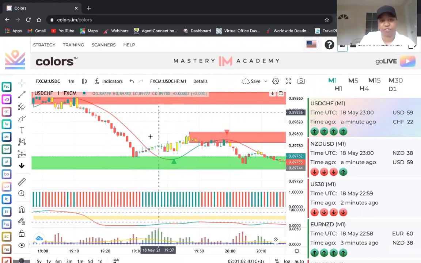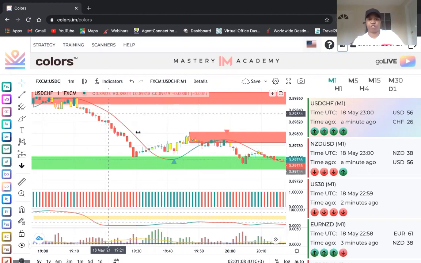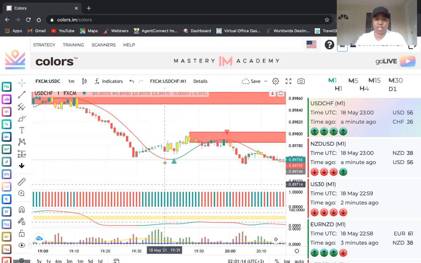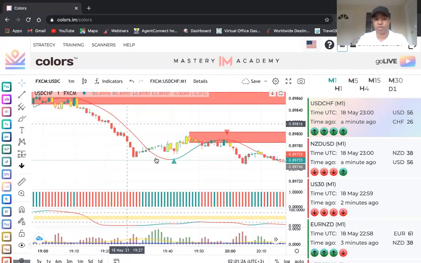So if for example, myself, I'm in a sell, what I would normally do if the first pair is stronger, if the second pair is stronger, oops, can you guys see that? That's what I'm going to talk about next. The box is disappearing. So what I would normally do is trade from my red box and come all the way down to my green box and use that as my TP, right?